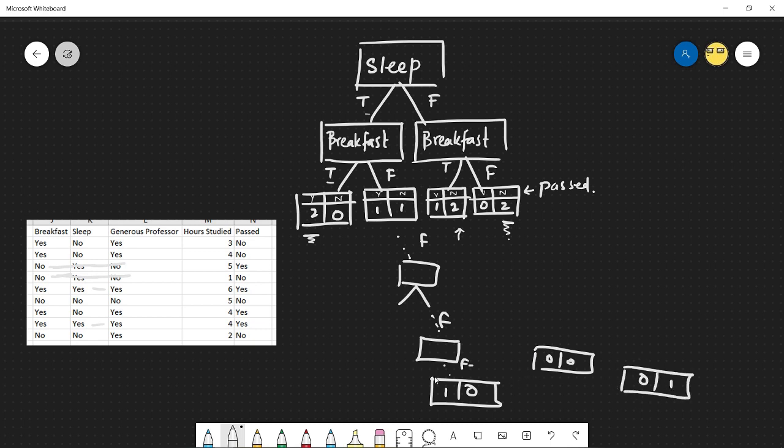If you're splitting your data so much that you end up with tiny little leaf nodes where you only have one data point, that is overfitting your data based on the data set.